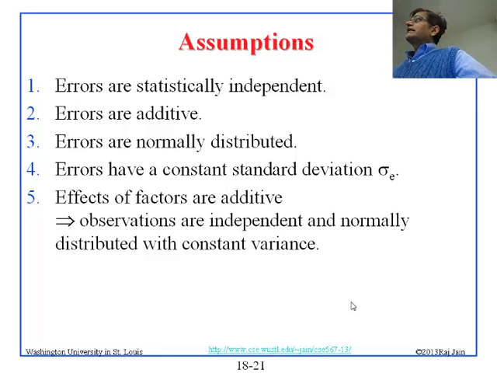Errors have a constant standard deviation, so they are not varying. And the effects of the factors are additive, that A and B add, XA plus XB. If you make all these 5 assumptions, then your conclusion is that the observations are independent and normally distributed with a constant variance. All of these formulas that we did, the confidence intervals and statistics, are based upon these 5. So we have to verify these 5. How do we verify these 5?